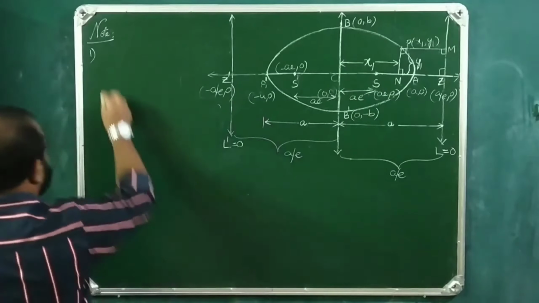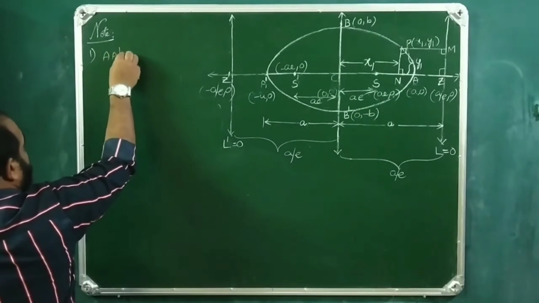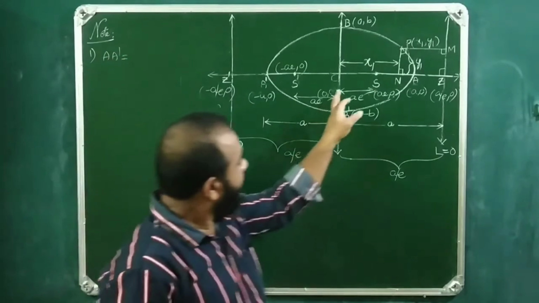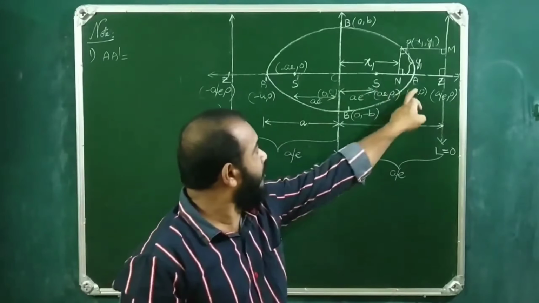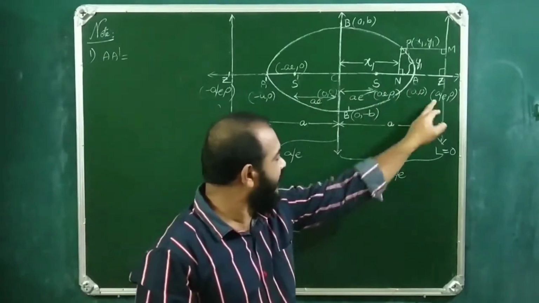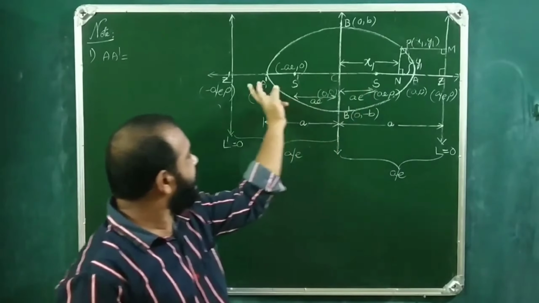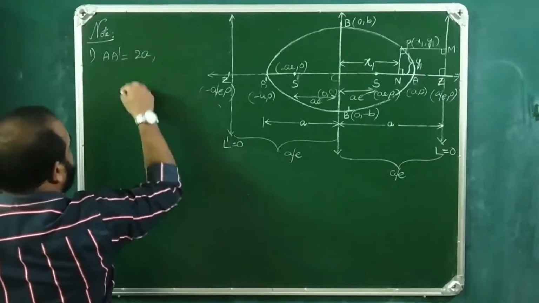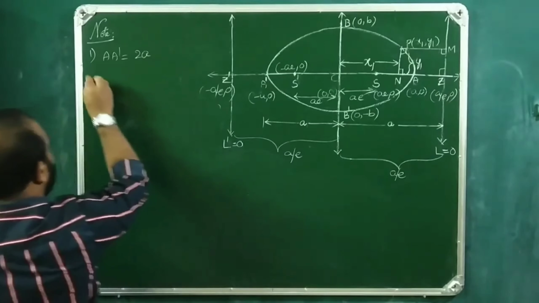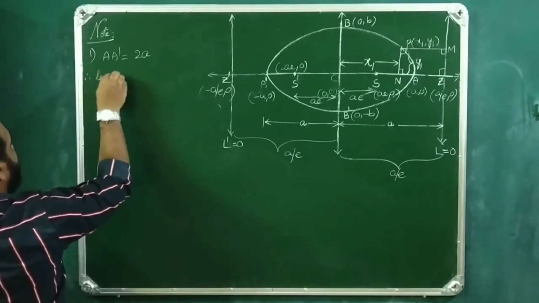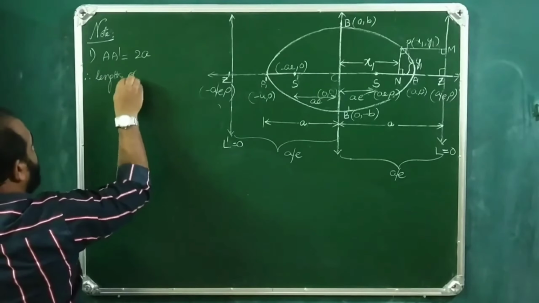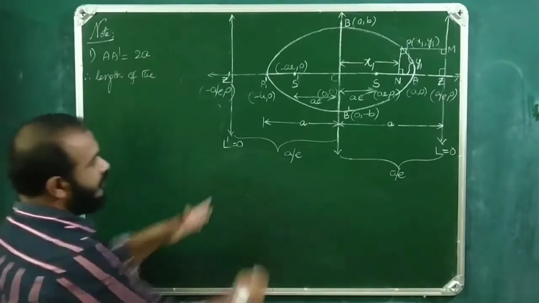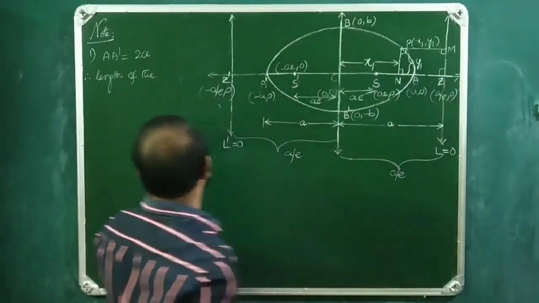A A dash is nothing but CA plus CA dash. CA is A and CA dash is also A. So this is 2A. Therefore, this is the major axis and this is the minor axis.